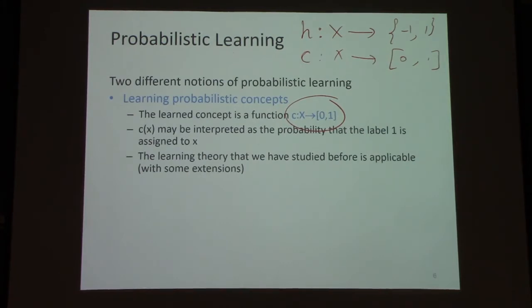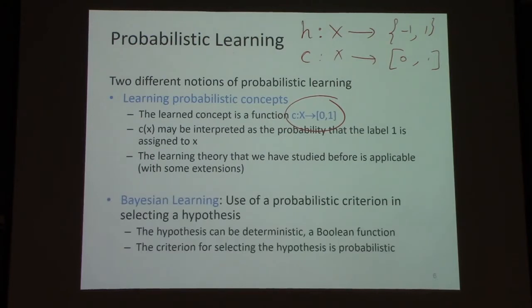They produce a probability instead of a decision. The nice thing about probabilistic classifiers is that with some minor tweaks to what we've seen in learning theory, we can analyze such classifiers. But as far as today's lecture is concerned, we're going to talk about Bayesian learning. And in Bayesian learning, we're not going to talk about probabilistic classifiers, but we're going to talk about a probabilistic criterion for choosing a classifier.